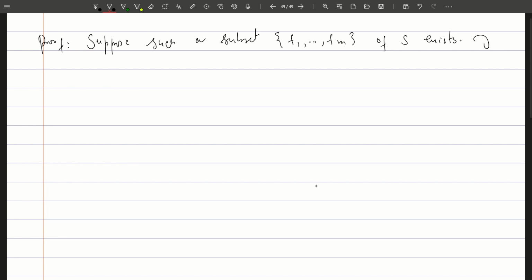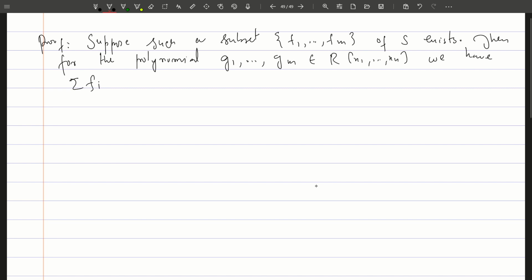Then for the polynomials g1 through gm in the polynomial ring in n variables, we have the sum of fi gi, where i goes from 1 to m, equal to 1.